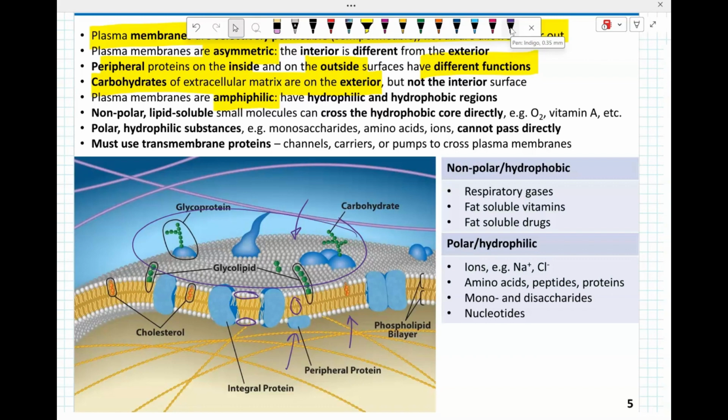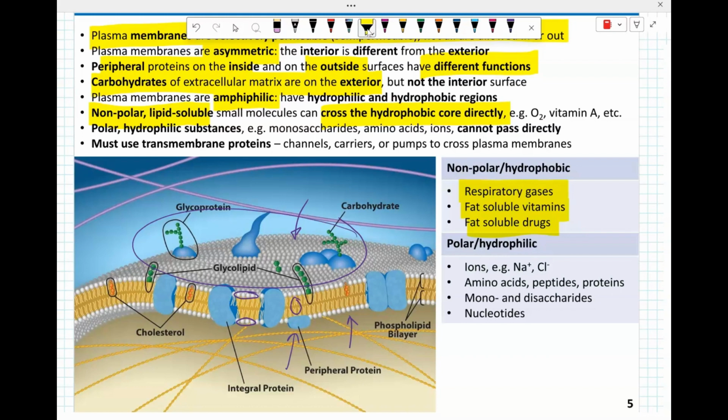Turns out that nonpolar, small, lipid-soluble molecules can cross the membrane directly. Examples of such molecules are respiratory gases, relatively small molecules of fat-soluble vitamins, and various fat-soluble drugs.